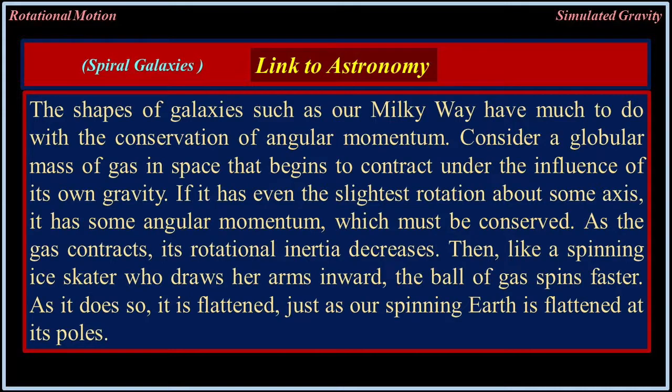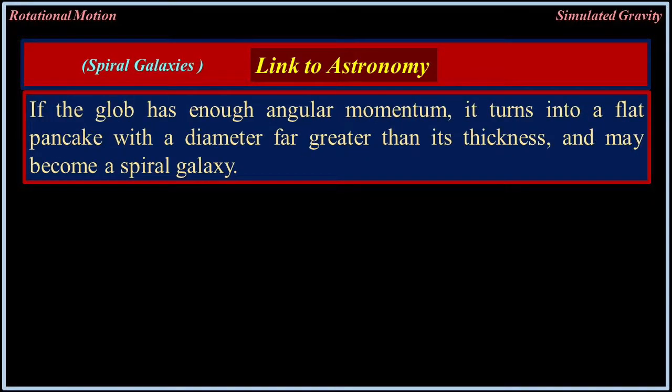Then, like a spinning ice skater who draws her arms inward, the ball of gas spins faster. As it does so, it is flattened, just as our spinning Earth is flattened at its poles. If the glob has enough angular momentum, it turns into a flat pancake with a diameter far greater than its thickness and may become a spiral galaxy.